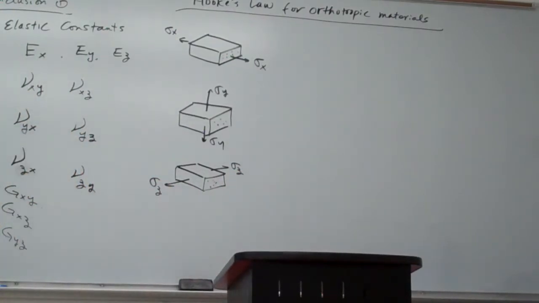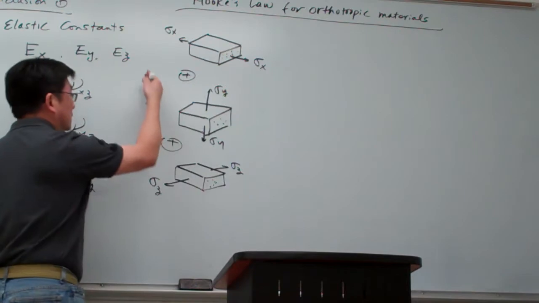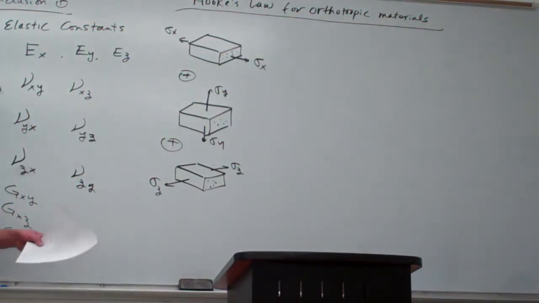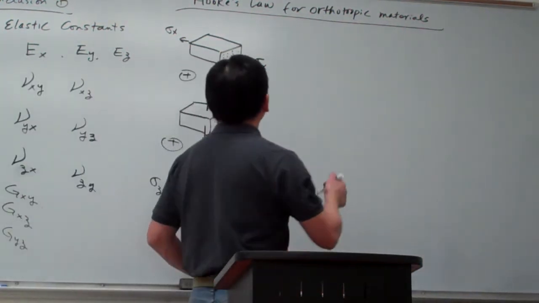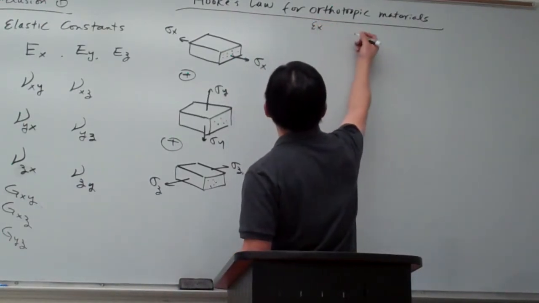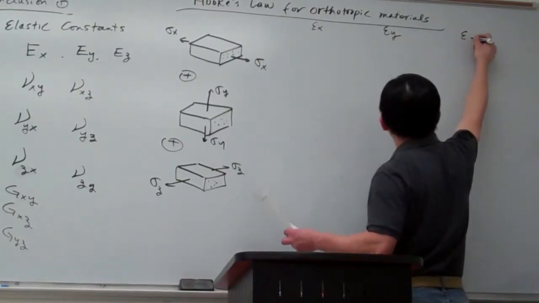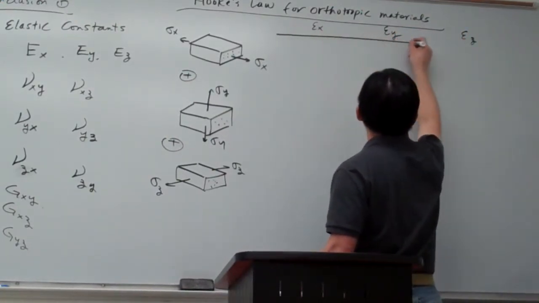So any generic loading condition can be decomposed into the three subsystems. So we are only concerned about the subsystems here. And now for each case, we are going to calculate the strain in the x, y, z directions.